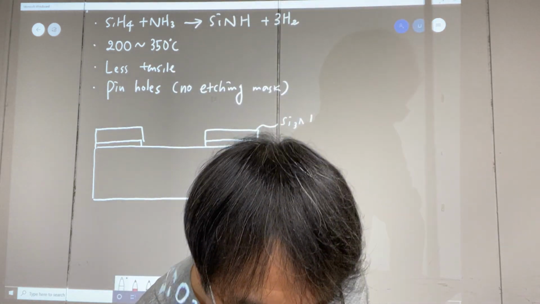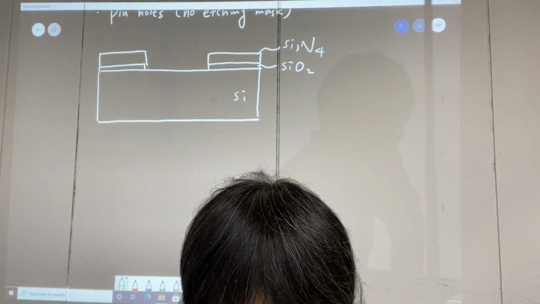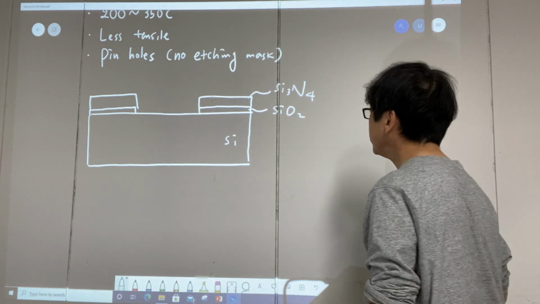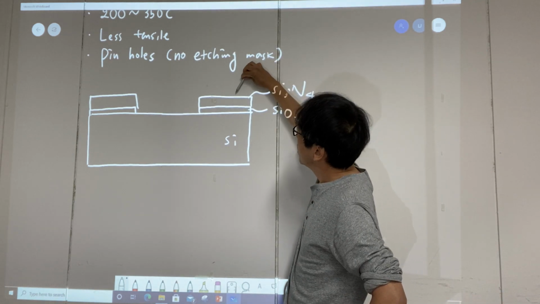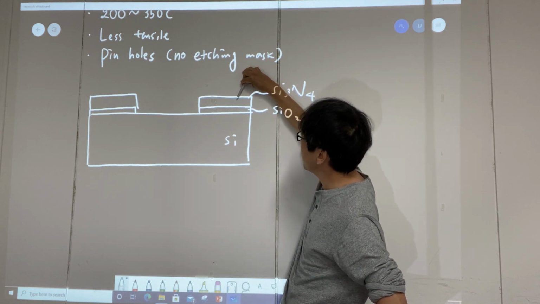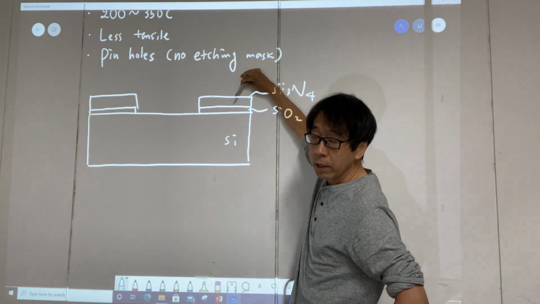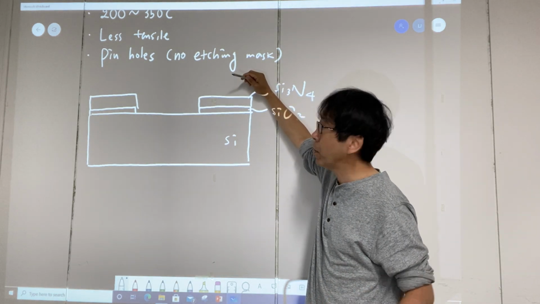And after this, you can actually go through the oxidation. And look, when oxygen is trying to pass through this silicon nitride film, as I said, silicon nitride is resistant to the passage of molecules.